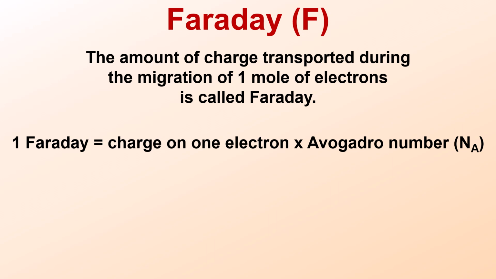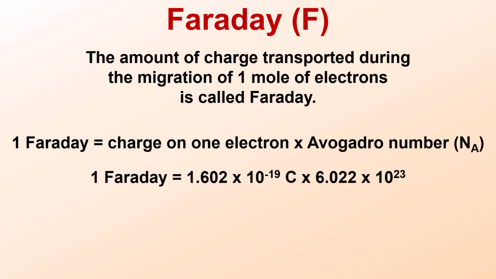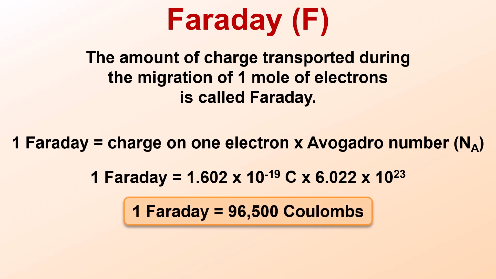Upon substituting the values of charge on 1 electron and Avogadro number, we get 1 Faraday is equal to 96,500 coulombs approximately. Thus, Faraday represents charge on 1 mole of electrons.